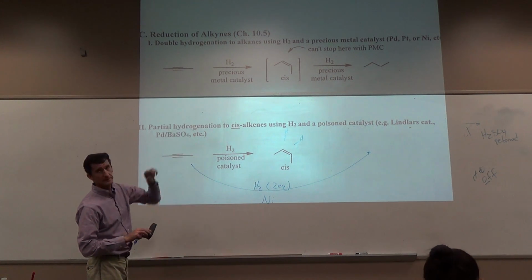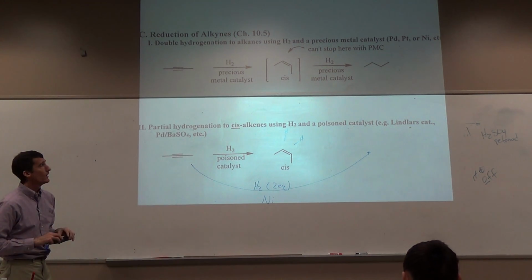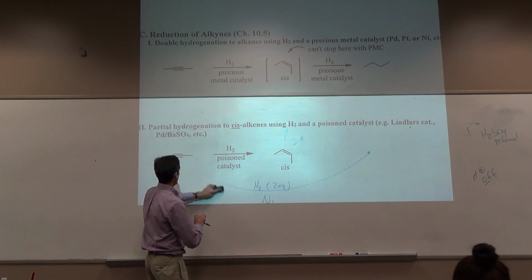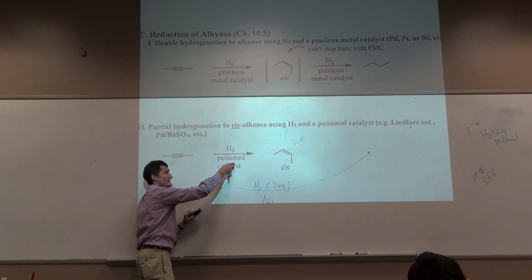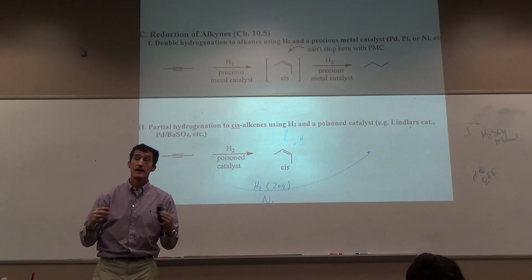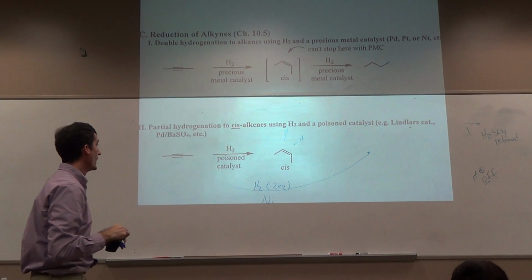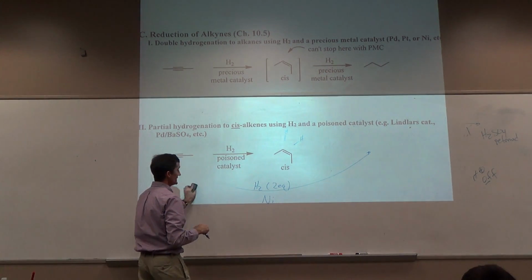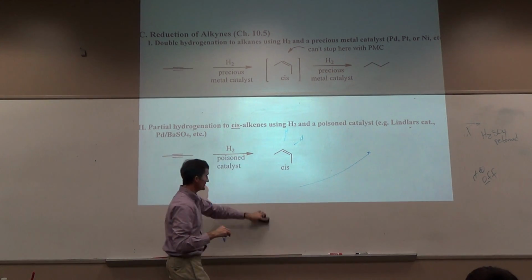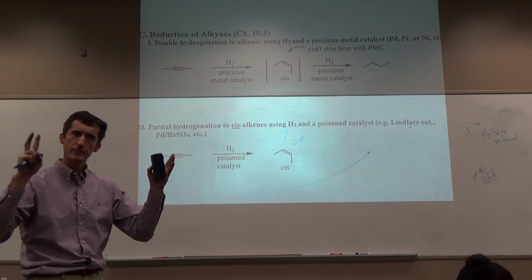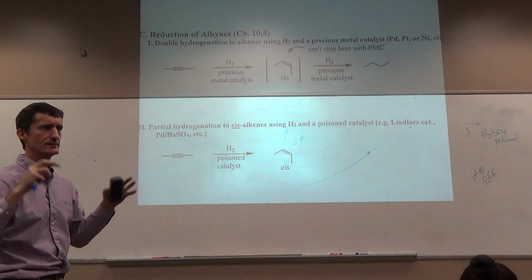What if you wanted to stop at the cis alkene? Chemists have figured out a way to do it. If you use what's called a poison catalyst, it'll stop at the cis alkene. A poison catalyst is a catalyst where something has been added to make it less reactive, so it has become poisoned.